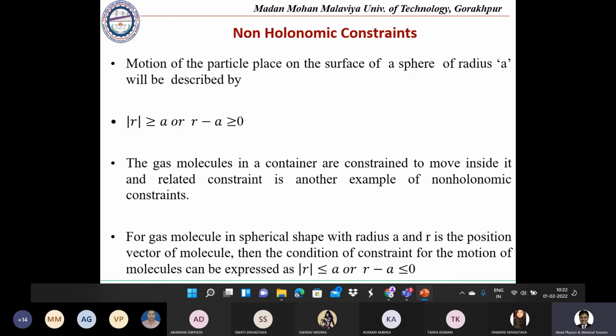For example, the motion of a particle placed on the surface of a sphere of radius a will be described by the mod of r being greater than or equal to a, that is r minus a is greater than or equal to 0.